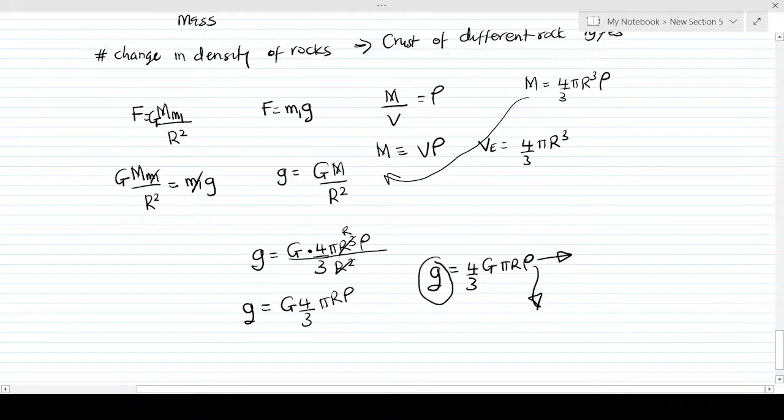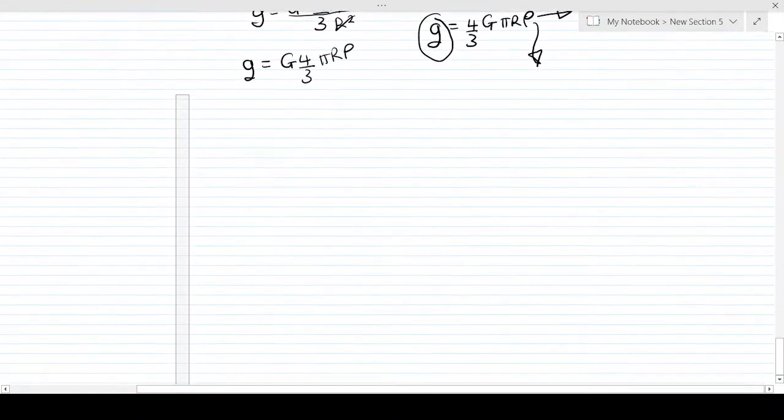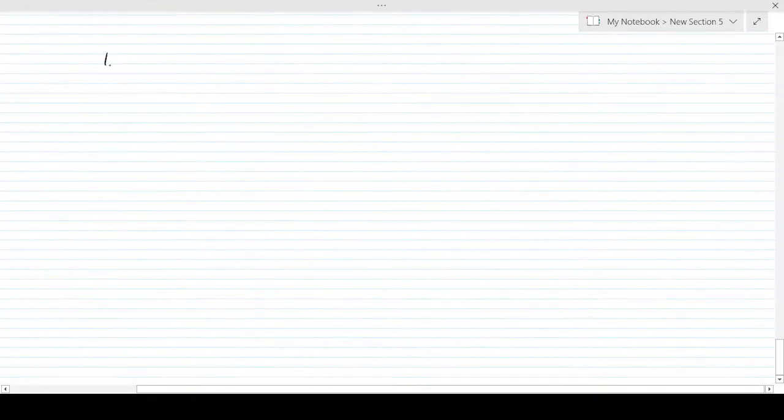Are you okay? Then the last one that we'll look at is topography. So the variation can also be due to topography. Now we have 3 instances.